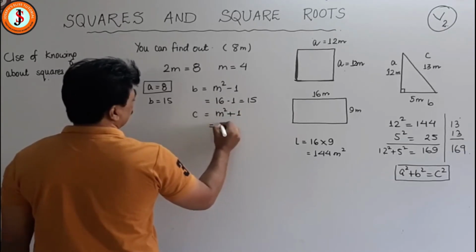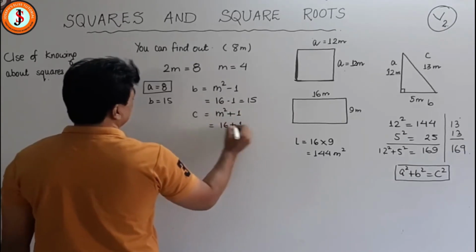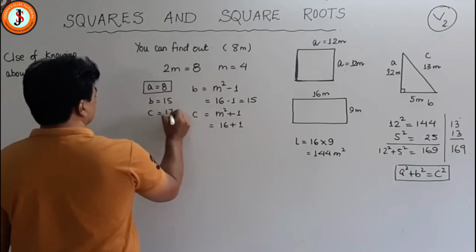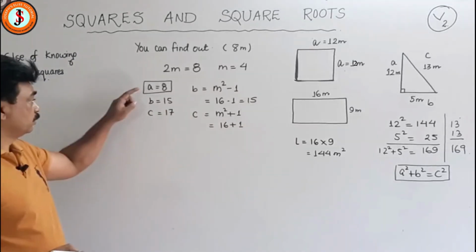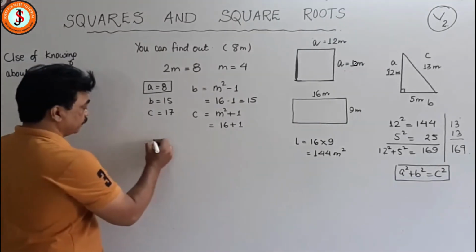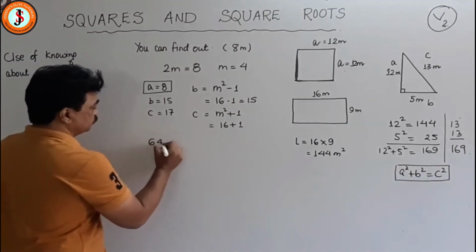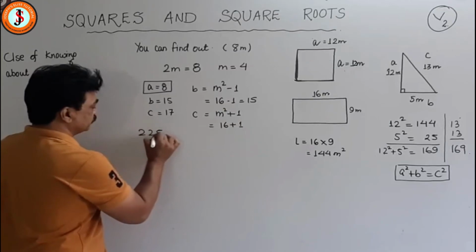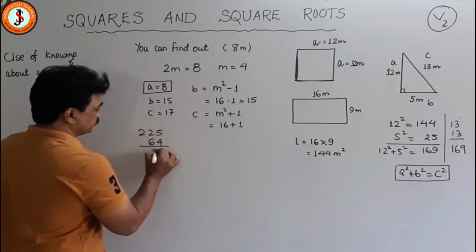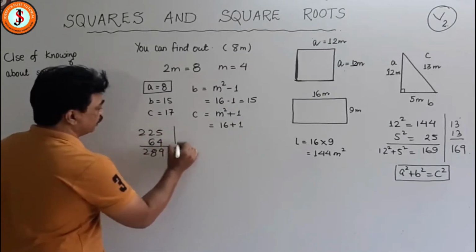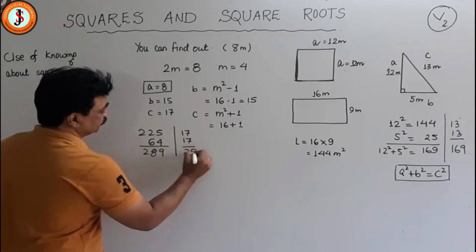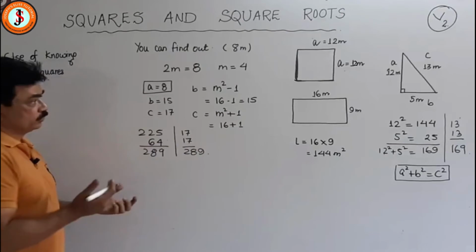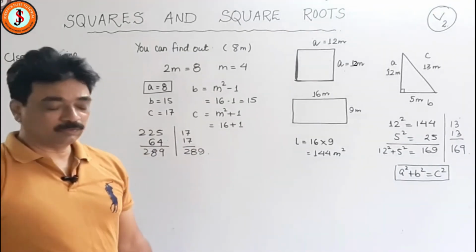That means 4 square is 16, plus 1, that is equal to 17. So check it up. 8 square is 64, 15 square is 225, and 17 square is 289. So you get the Pythagorean triplet.